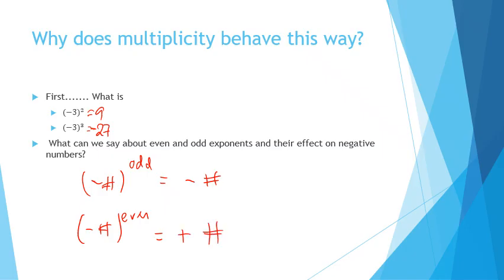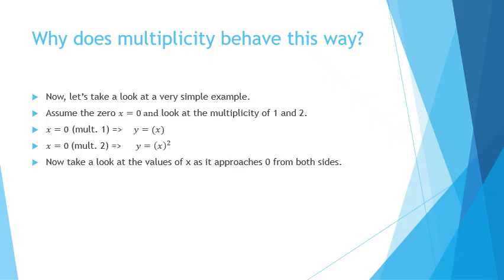And so that's what we really want to explore here when we look at the most basic example of an odd and even multiplicity for a zero. So let's take a look at the zero x equals 0, right? So x equals 0, which is x plus 0, which is the same thing as just x.